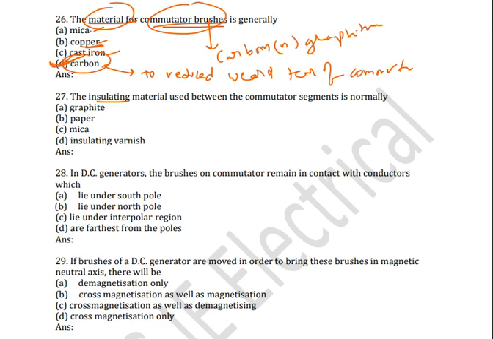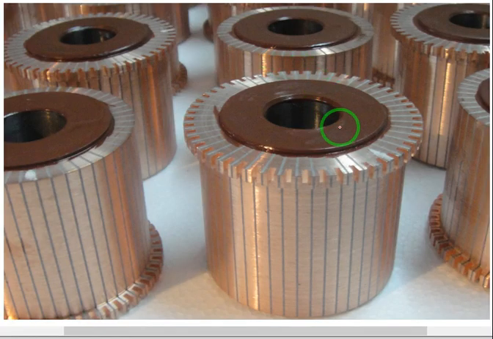The insulating material used between commutator segments is normally graphite, copper, mica, or insulating varnish. The correct answer is mica. In practice, see how the commutator segments appear and where the mica will be placed. Here you can see this is the commutator. Between the segments a small gap is there.